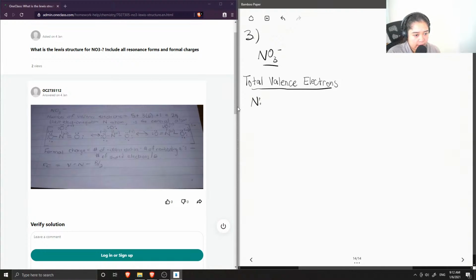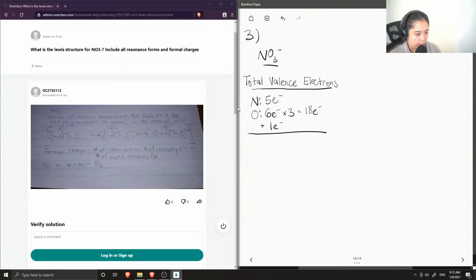So nitrogen atom contains 5 valence electrons. Each oxygen atom contains 6, and there are 3 of them, 18. And notice we also have a negative charge on the entire molecule, so I'm going to add an extra electron.